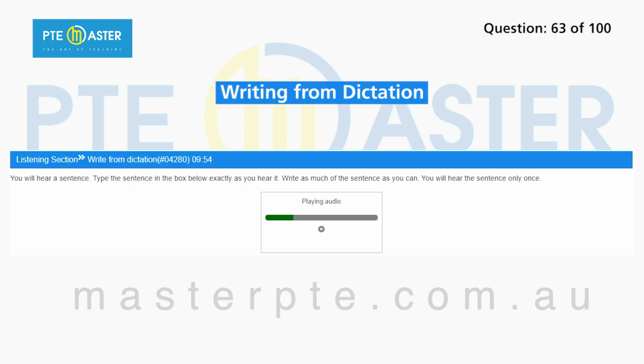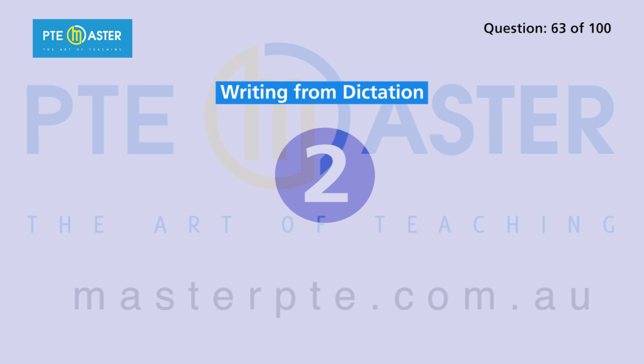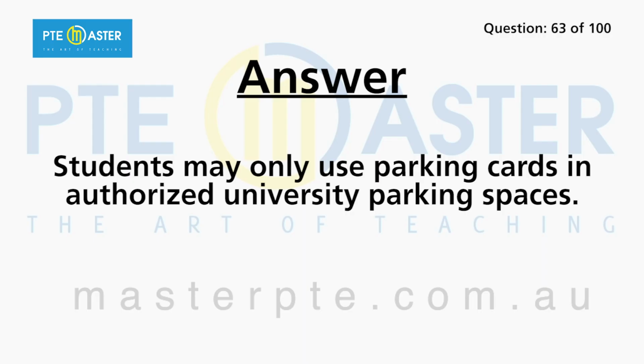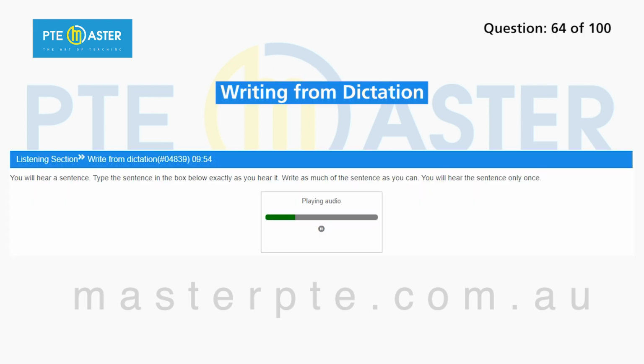Students may only use parking cards in authorized university parking spaces. The terms of illnesses and diseases are often confused despite the clear differences.